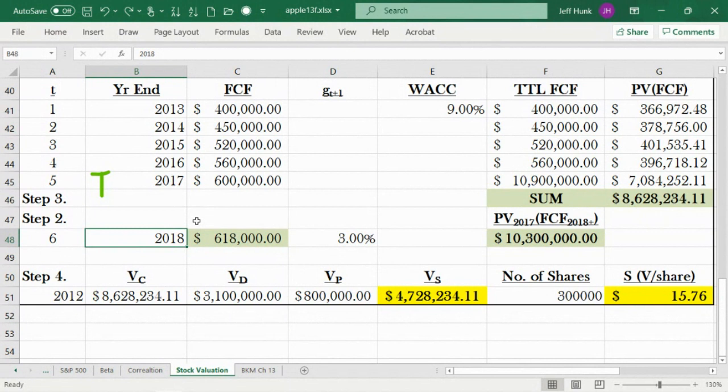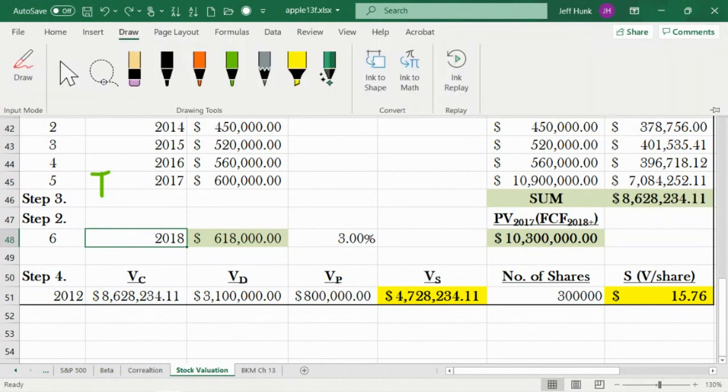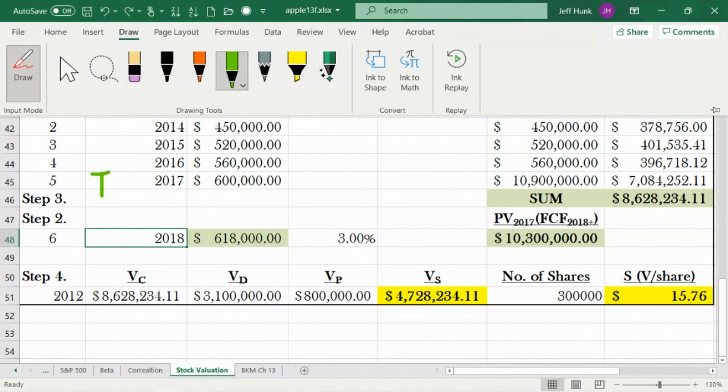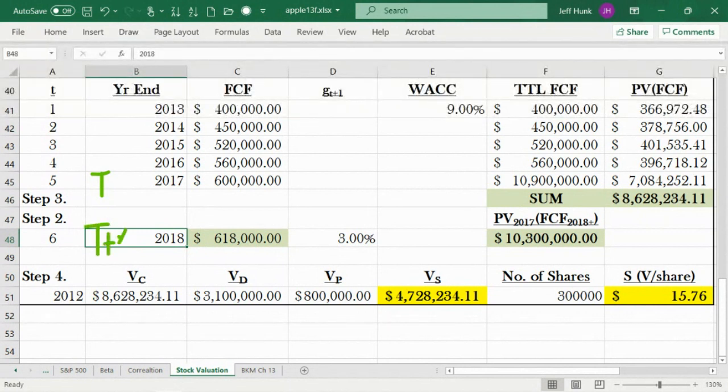So think about it. From year t plus 1, the free cash flow is going to grow at a constant growth rate of 3%.